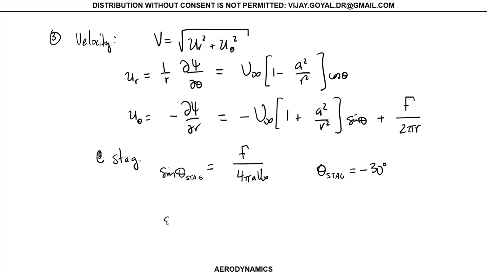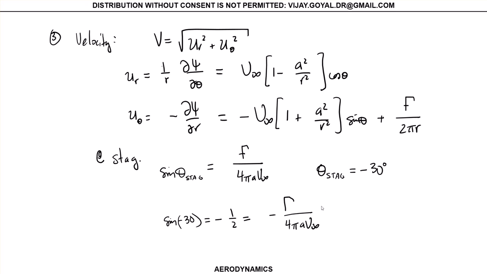So sine of minus 30 is equal to minus 1/2. If I put this back here, the minus signs cancel out.